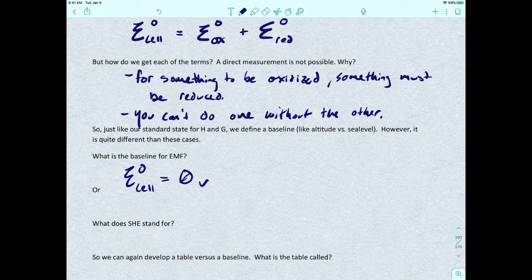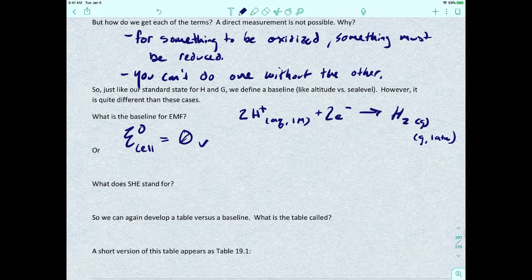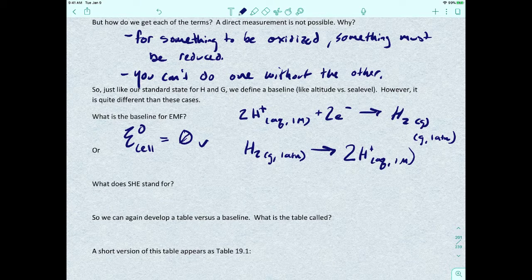Okay, and the way that we're going to get there is that we can have two half reactions going on. One half reaction says this: 2 moles of H+, aqueous, at 1 molar concentration, plus 2 electrons yields hydrogen gas, at 1 atmosphere. If I was to write the backwards reaction, H2, a gas at 1 atmosphere, breaks apart to give 2 moles of hydrogen ion, 1 molar concentration.